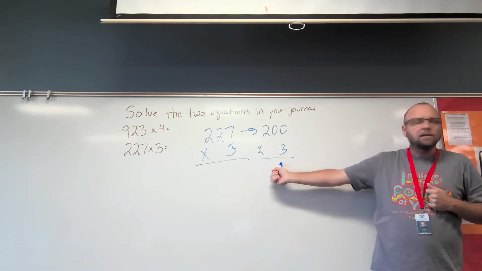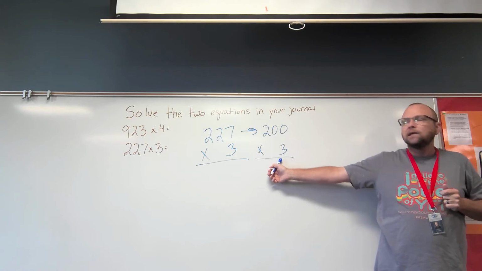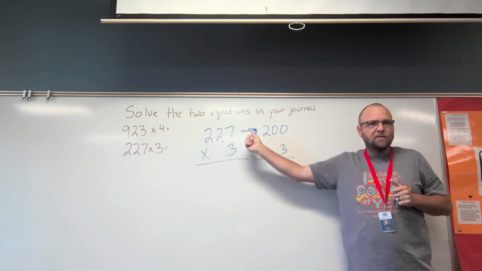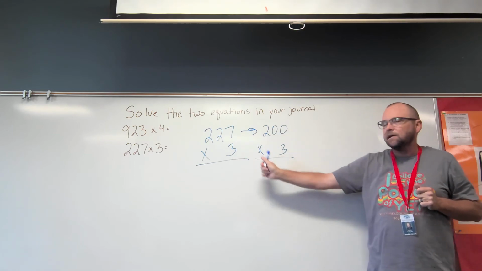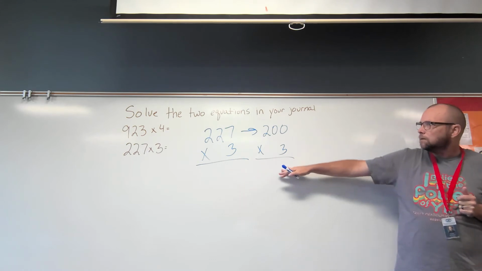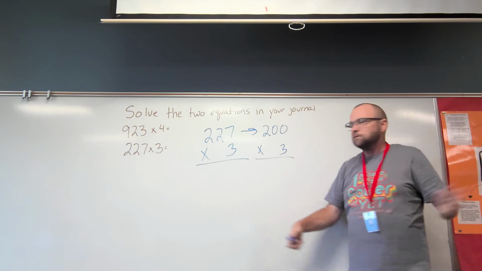Is my estimate going to be greater than or less than my real answer? Less, because I decreased this factor. So my estimate is going to be lower than my actual answer. But 200 times 3, we can do that in our head. How much is that? 600.